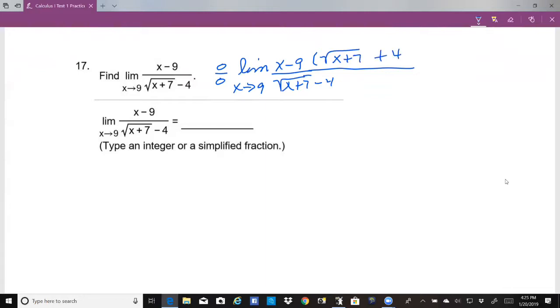We call that the radical conjugate. And the denominator, we're going to multiply by the same thing. That way we don't really change the function. And now we need to see if we can simplify things. This is going to equal the limit as x approaches 9.